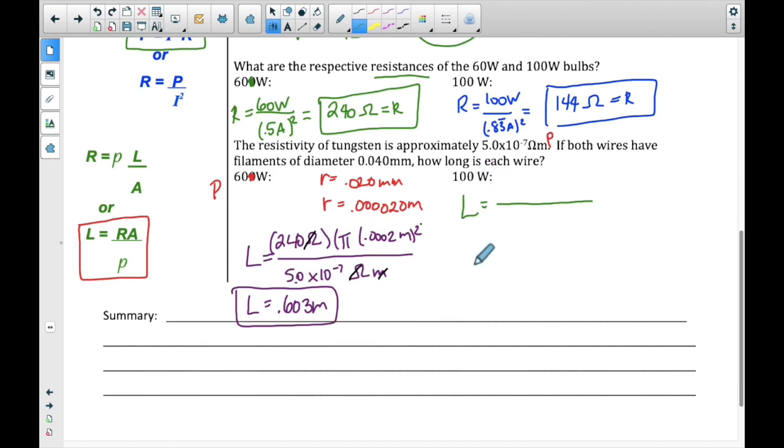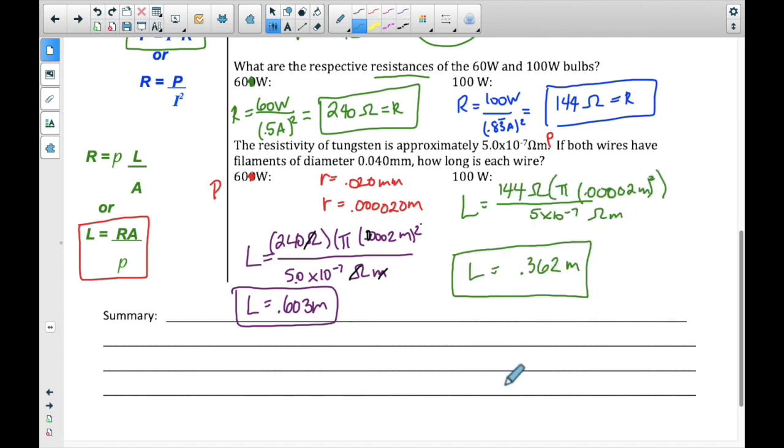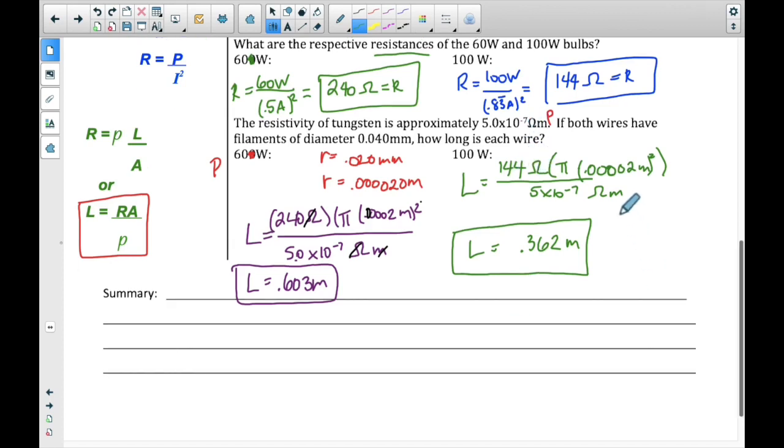We're going to do the same calculation for the 100 watt. So again, take a second with your calculator, plug this in, and see what you come up with. Okay, in the 100 watt bulb, you have 144 ohms of resistance. The area is pi r squared. And I think on the last one, I had the correct number of zeros up here when I calculated the radius, but I forgot a zero down here.